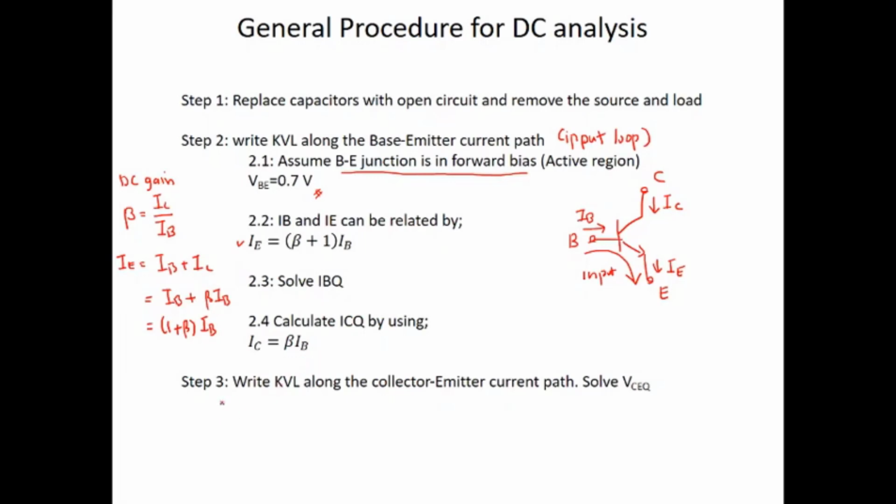The third step is to write the KVL along the collector emitter current path, or we call it the output loop. In the output loop you will have the parameter VCE, the voltage across collector with respect to emitter. Now you can solve the VCEQ.